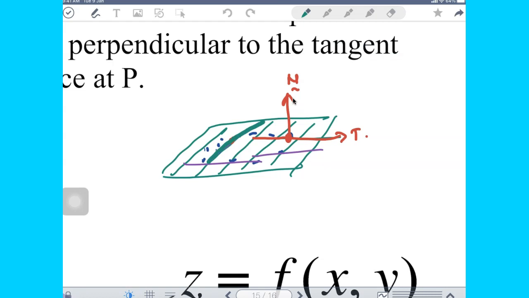The normal vector, or the unit normal vector, will always be the same. So that is N, and they always have the same direction, right? So N is always the same when your surface is flat.